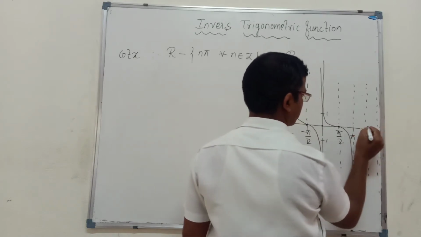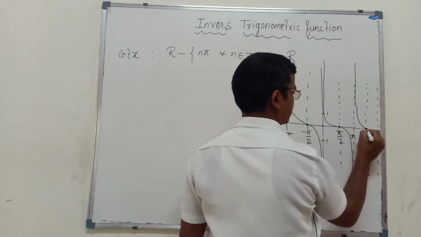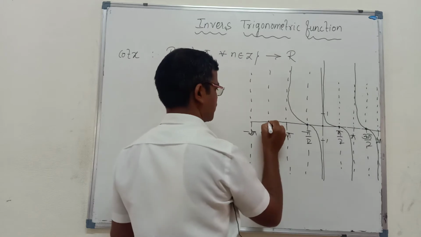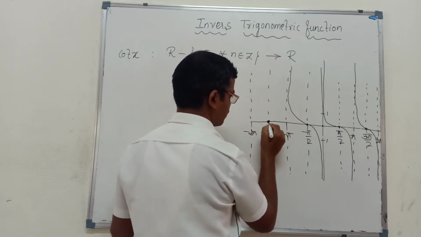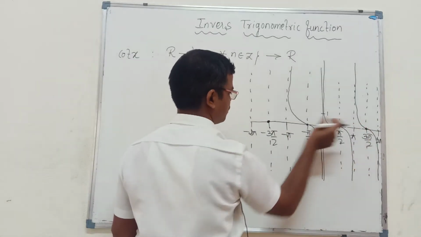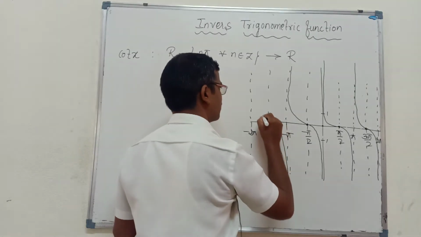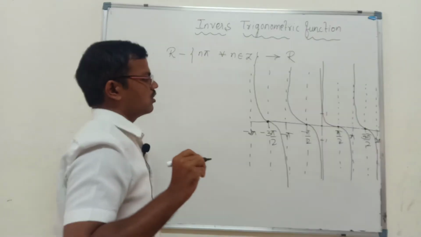In the third quadrant it is positive, and our graph is like this. Similarly, at minus 3 pi by 2 it is 0. Then here it is negative in the third quadrant, opposite to that: here it is positive, so here it is negative. Like this you get the graph of the cot function.